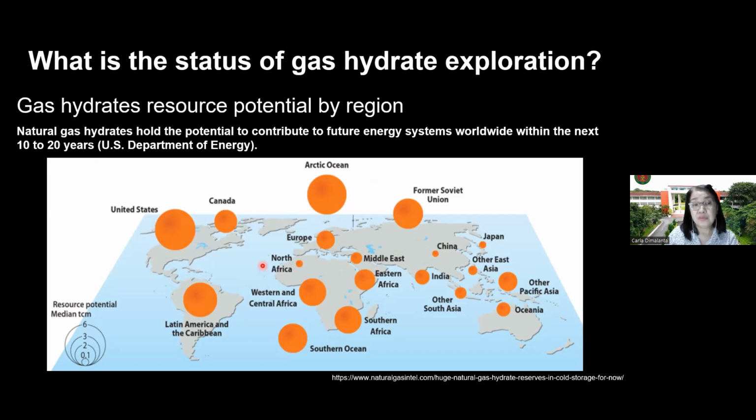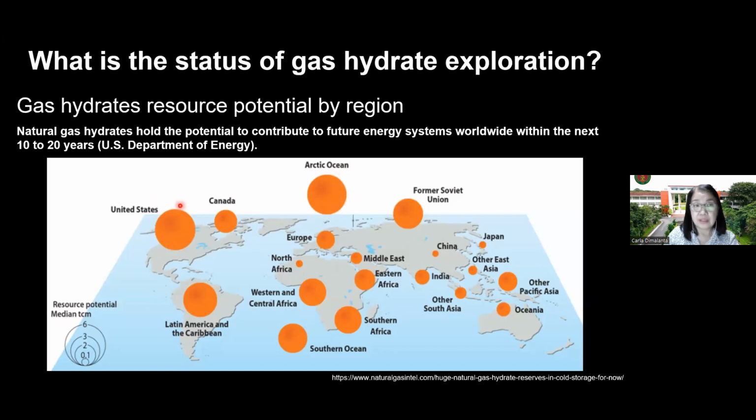You can see which areas or which countries have larger resource potential for gas hydrates. So it's the Arctic region because of the permafrost. So as mentioned earlier, this is one of the more favorable sites for the formation of gas hydrates. Kaya maganda yung potential nila. And since this is onshore, then therefore it's not as challenging to recover and produce gas hydrates from the permafrost regions.